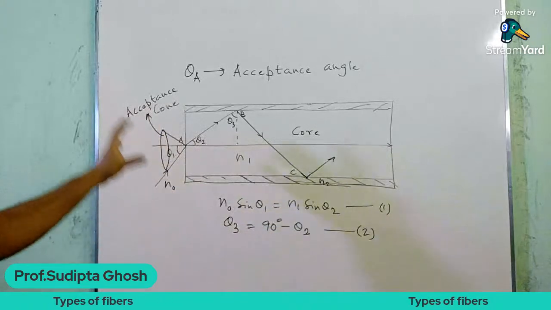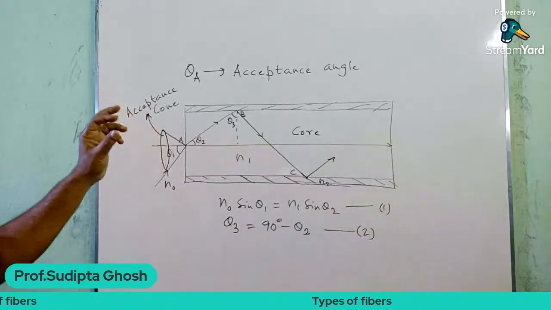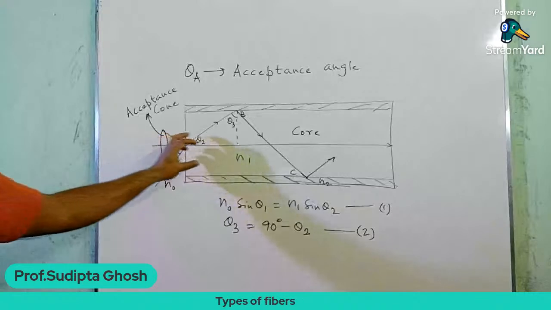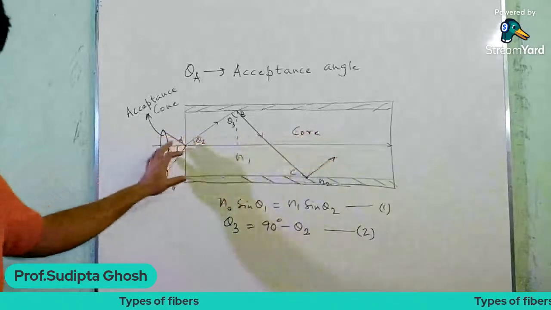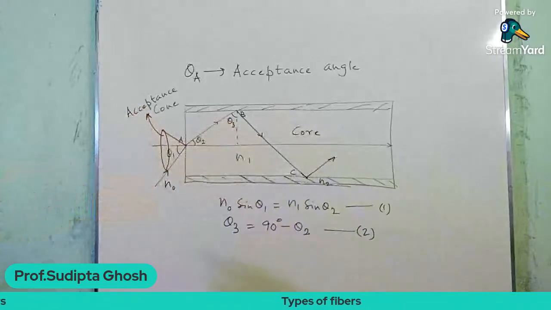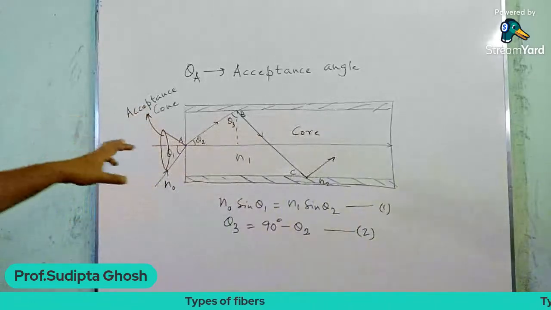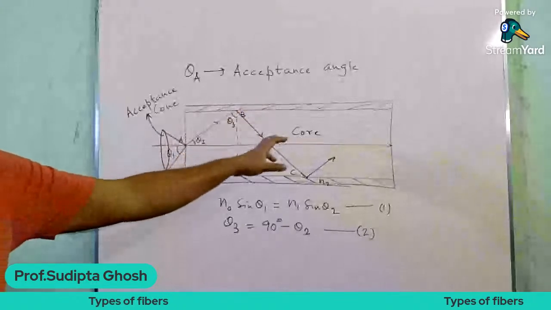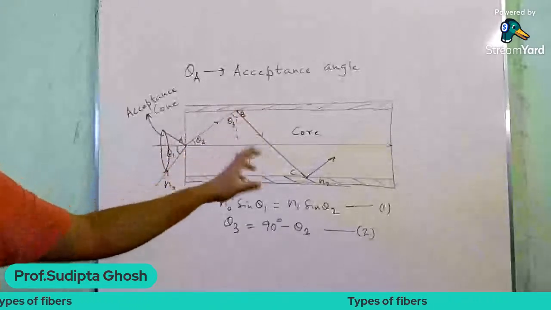radiation loss, or this ray must go through the core section of the optical fiber, and it will suffer total internal reflection at the core-clad interface.